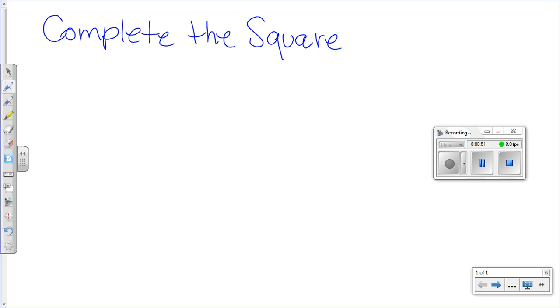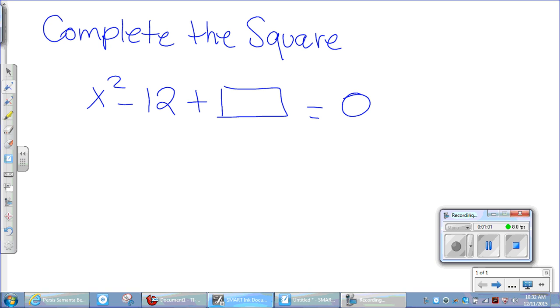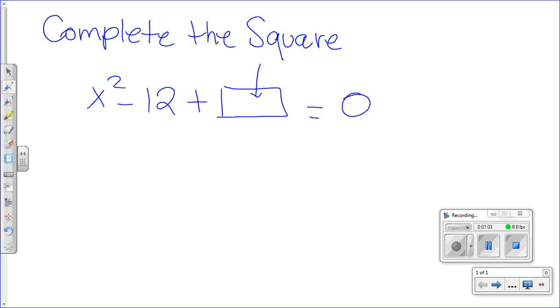So whenever we complete the square, what we're trying to do is come up with a number that will go here that will make this trinomial turn into a perfect trinomial square.